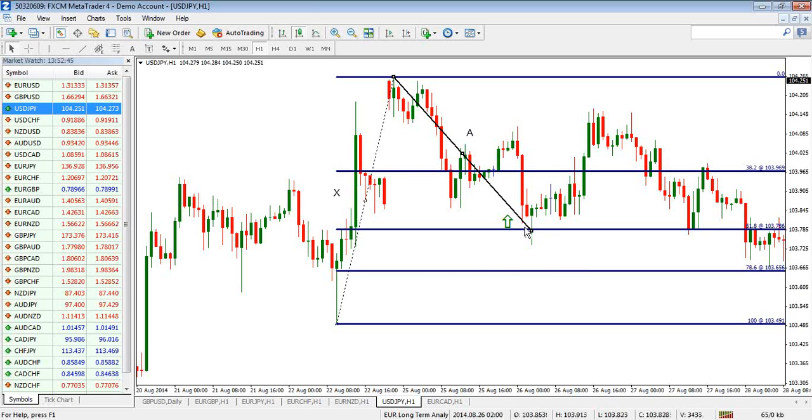And remember, what we need is for A, when it's making a series of lower highs and lower lows, to have ended at approximately 61.8%. And this is the 61.8 line right in here of X, which you can see it does.